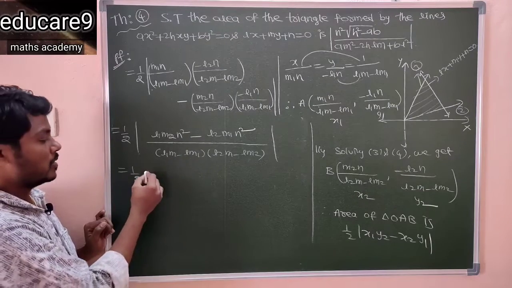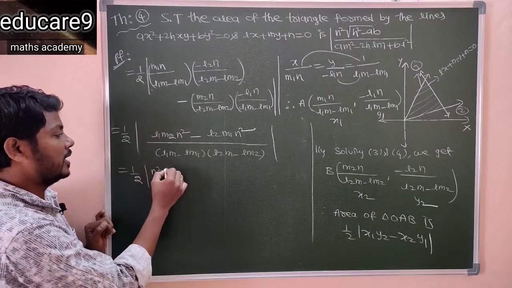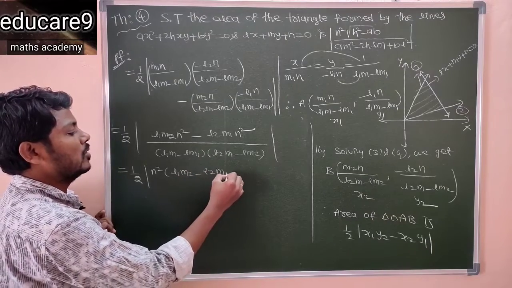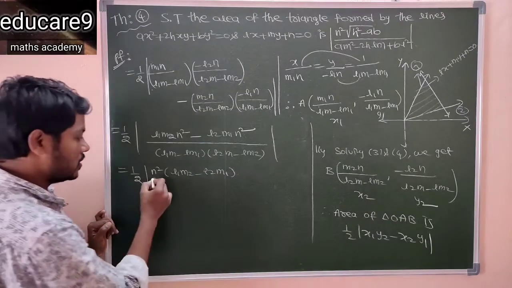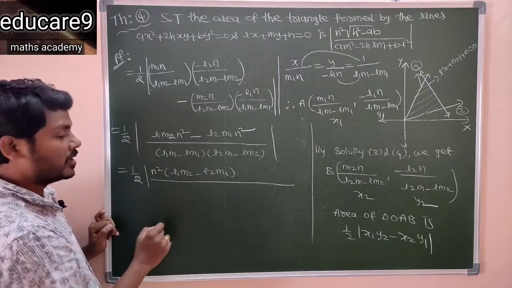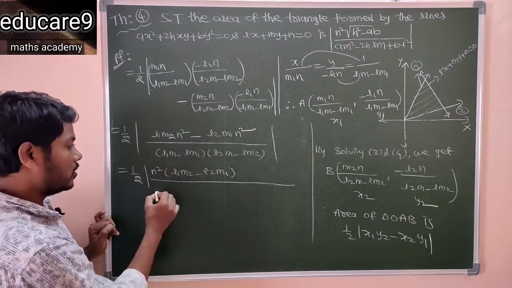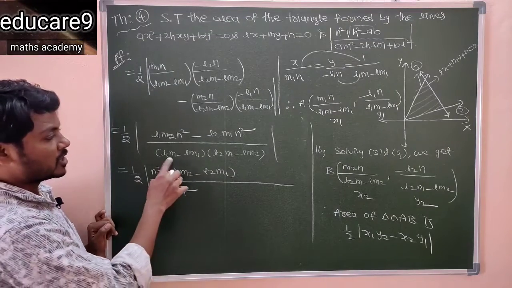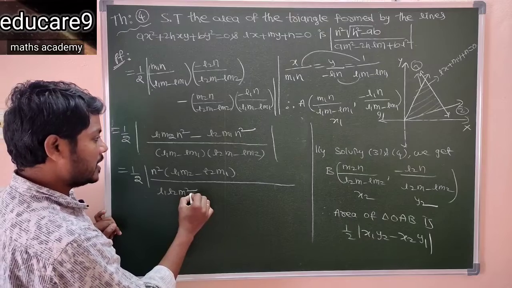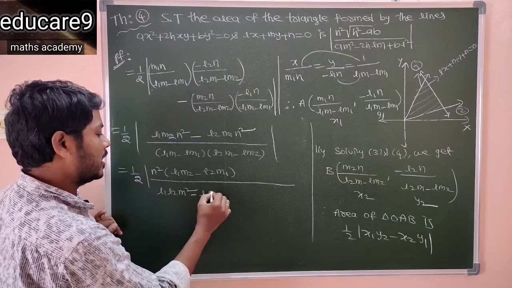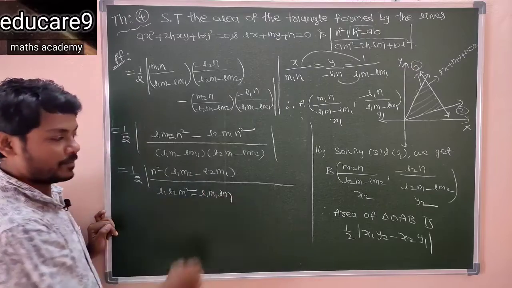This is half into modulus of N square into (L1 M2 minus L2 M1), divided by multiplying the denominators. So what you get: L1 L2 M square. Next, first into last, that is minus L1 M2 LM.